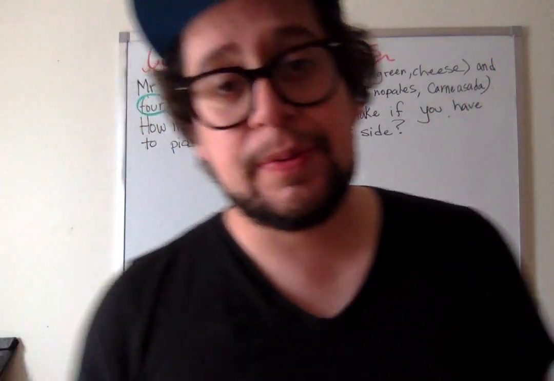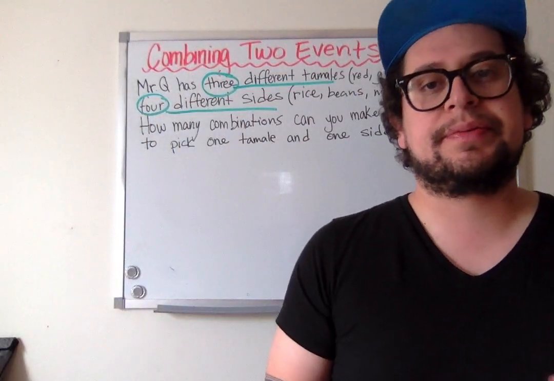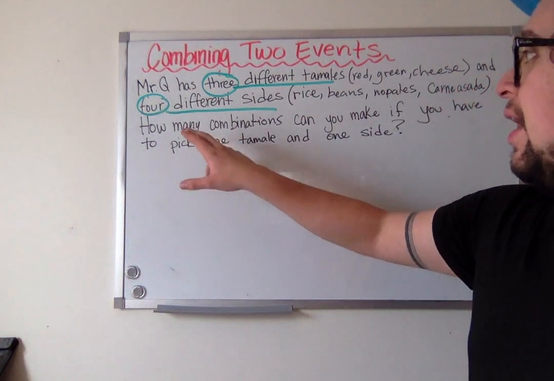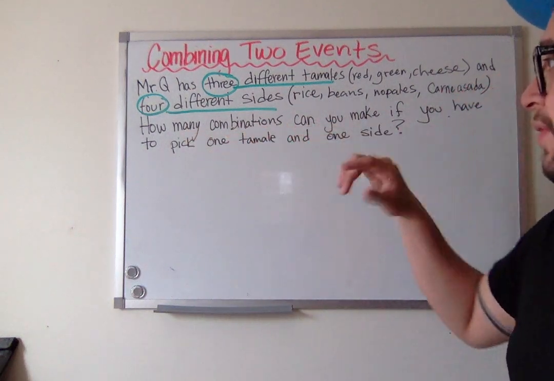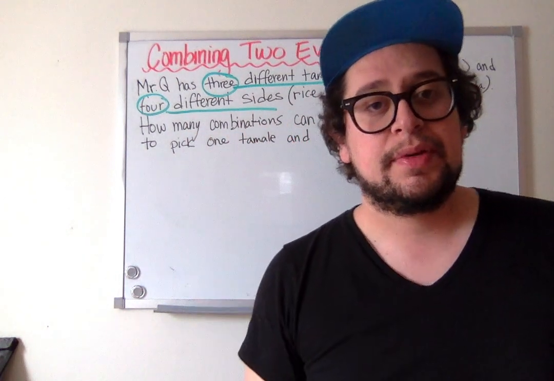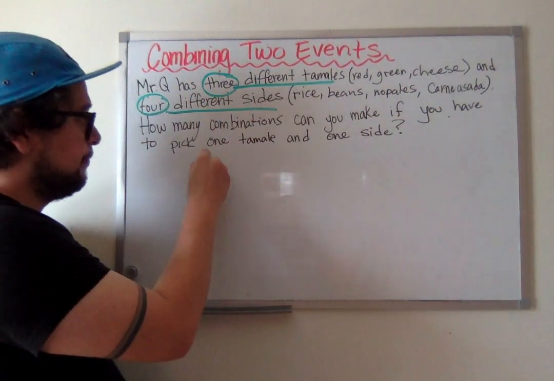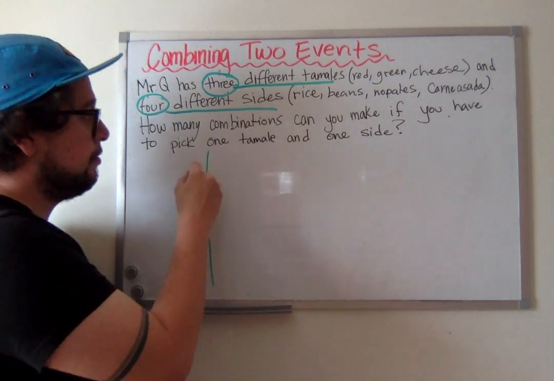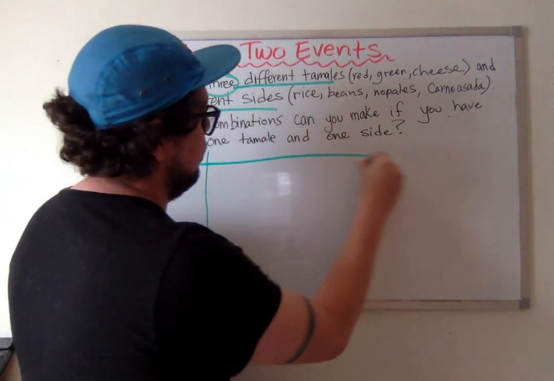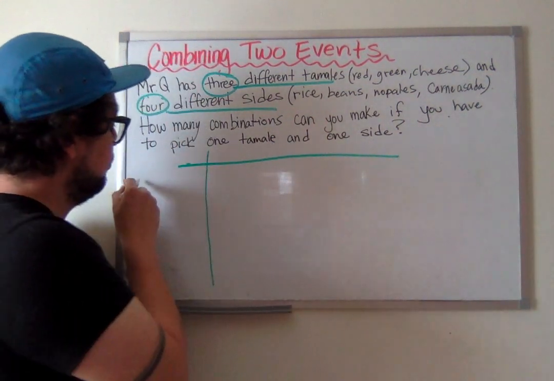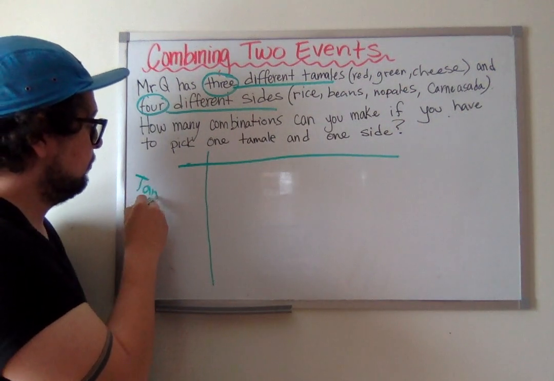So what we're going to do now is find how many combinations you can make if you have to pick one tamal and one side. So I'm going to make a table, and my table will give me the total number of combinations. So over here I'm going to put the tamales.